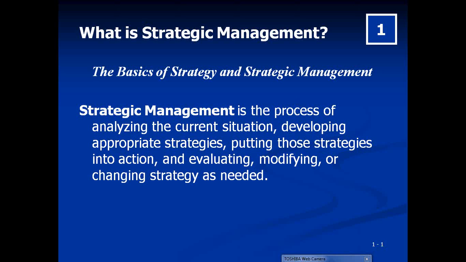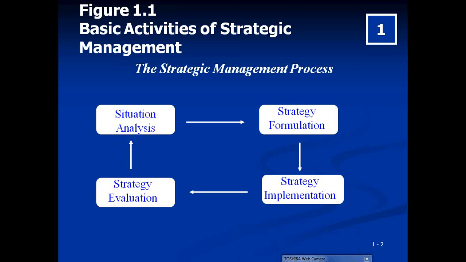Strategic management is a 4-part process, as most of you have figured out. Analyze the current situation. That's what your book calls situation analysis. We start there in that upper left corner, situation analysis. That's what most people call SWOT, S-W-O-T: strengths, weaknesses, opportunities, and threats.